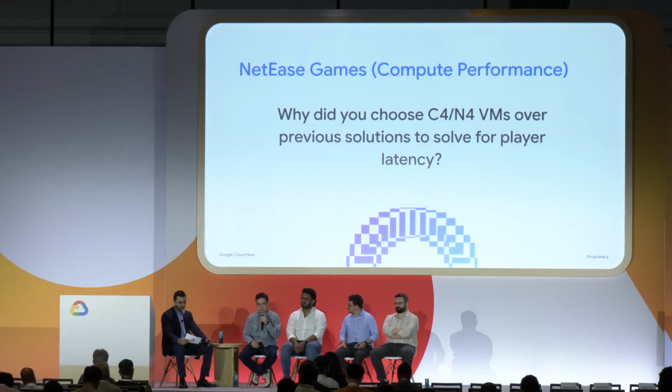So if the server can't process the game logic fast enough, players experience stuttering or lag, which really hurts the user experience. This is why we were so excited about Google's C4 and N4 instances. These latest generations offer a significant boost in single core performance.